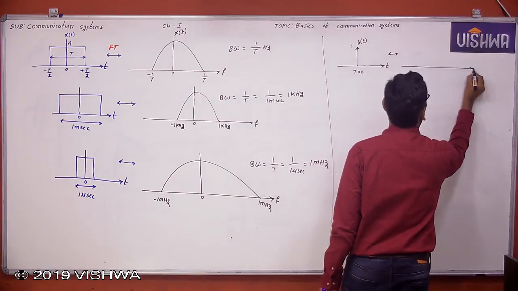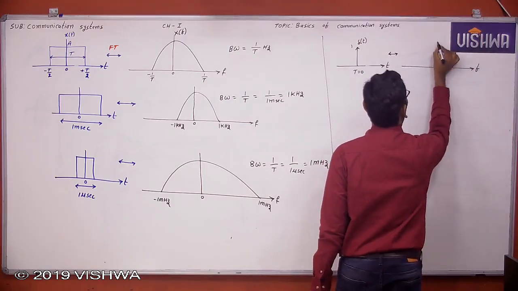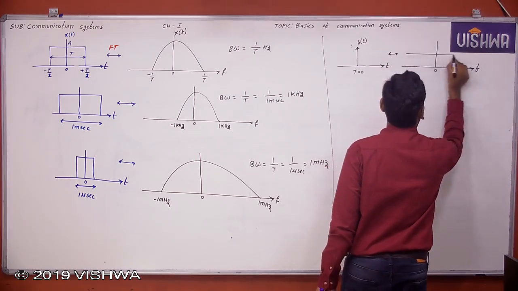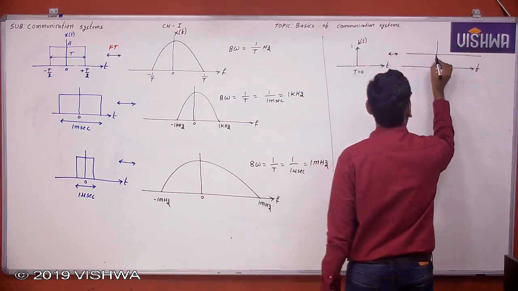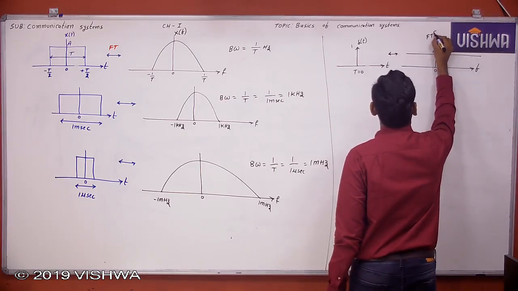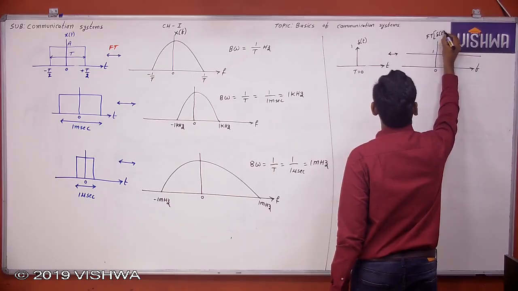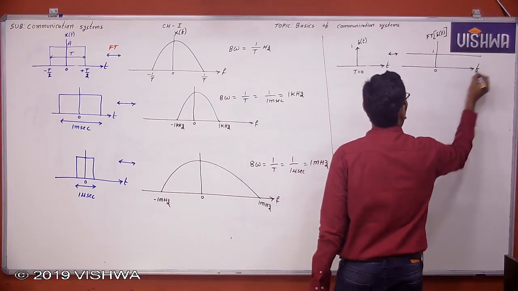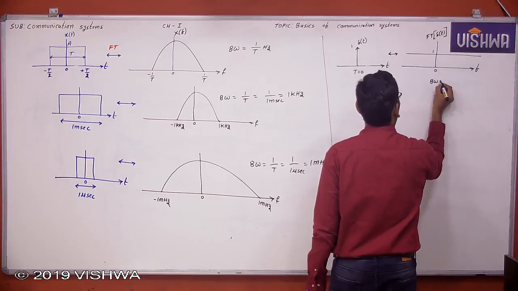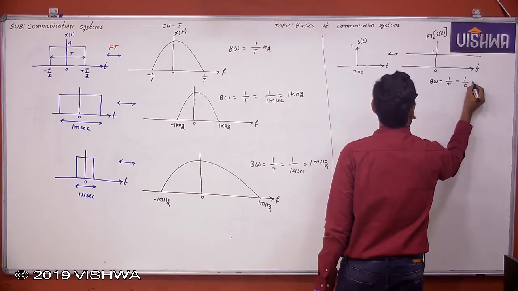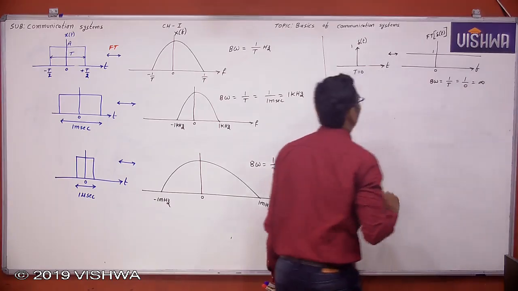Therefore the Fourier transform of an impulse function is 1, you know that. Now this is the Fourier transform of an impulse. Bandwidth is infinite. Bandwidth, which is inversely proportional to pulse width, 1 by 0, is equal to infinity.